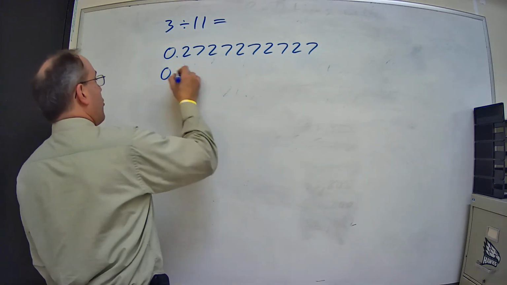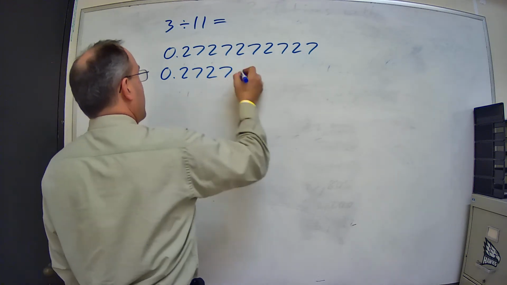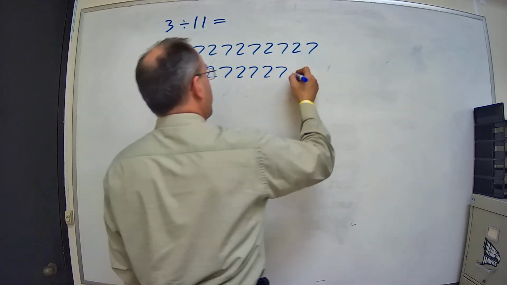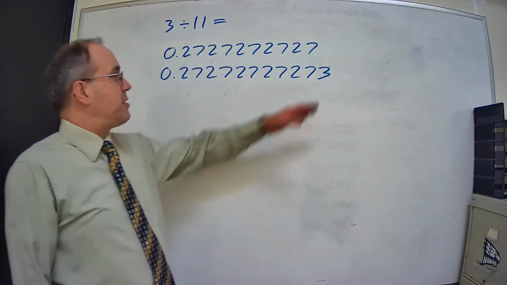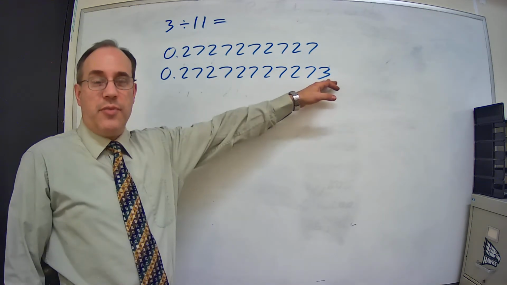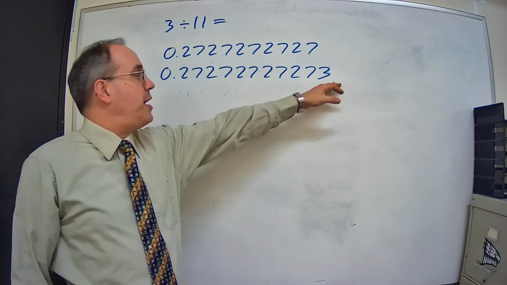You could get 0.2727272773, and it stops there because it ran out of digits to display.